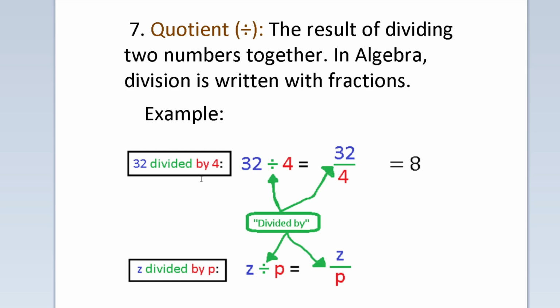So 32 divided by 4, well, notice that this 32 goes in the numerator. You can think of the division sign the same as the fraction bar. And then the second number, this 4, goes in the denominator. So that's the pattern here. 32 over 4, it's the same thing as 8 over 1 or 8.